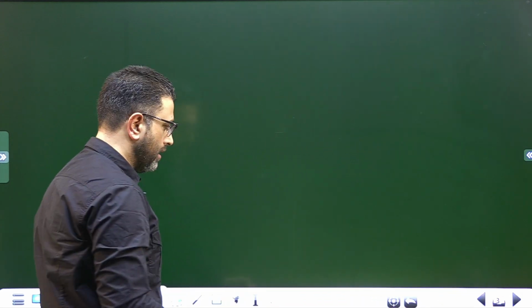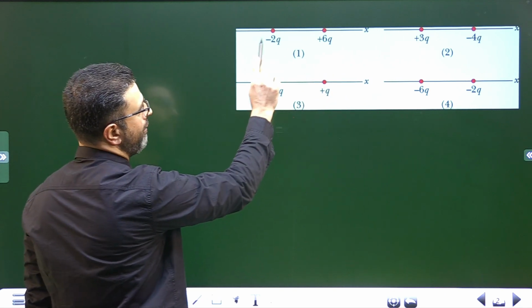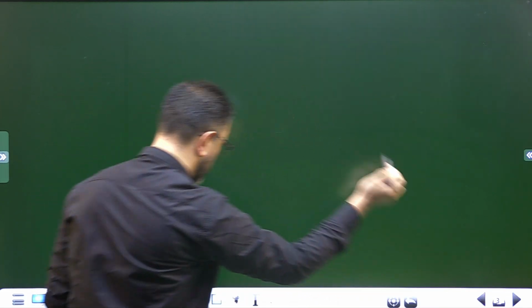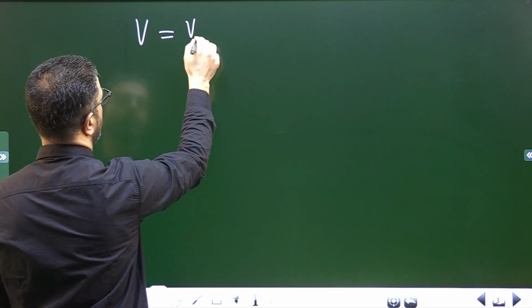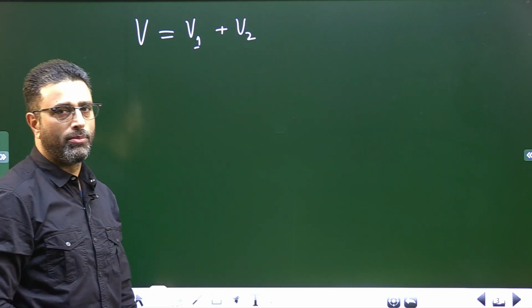Now, firstly, we know that potential is a scalar quantity, so we don't think in terms of directions. Since in each situation we have 2 sources for the potential, potential at any point will be potential due to charge 1 plus potential due to charge 2, simply the algebraic sum of the 2.